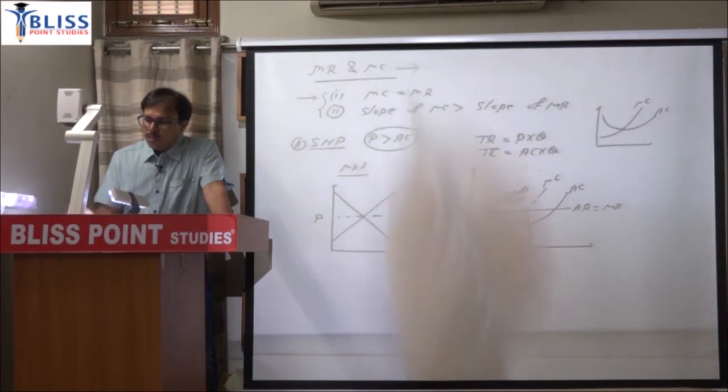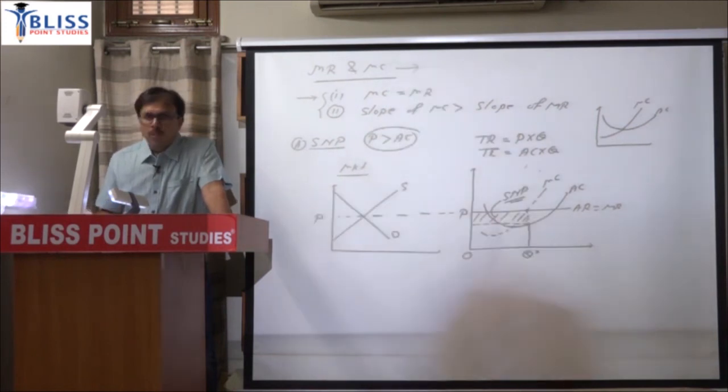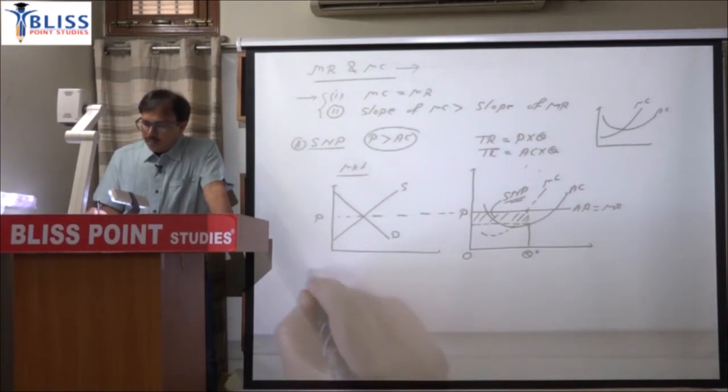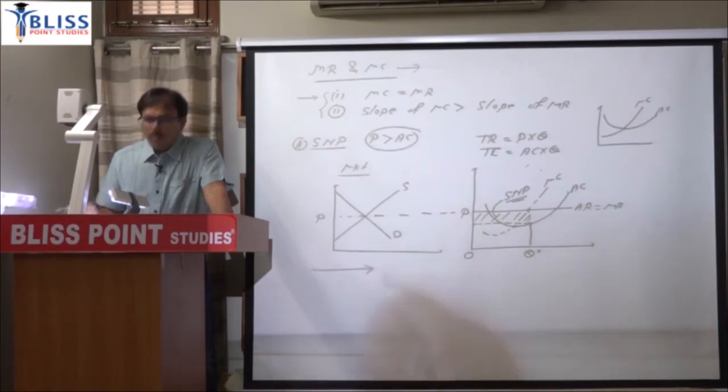So according to MR and MC, this first diagram is for supernormal profit, and just below that diagram write one paragraph.